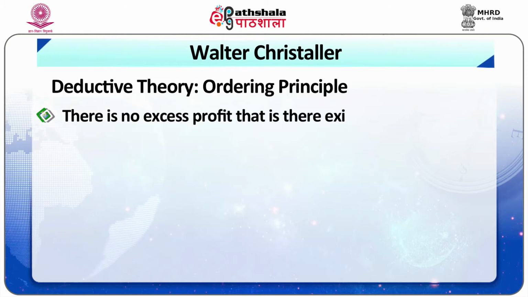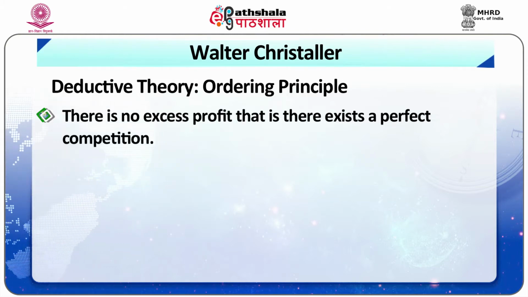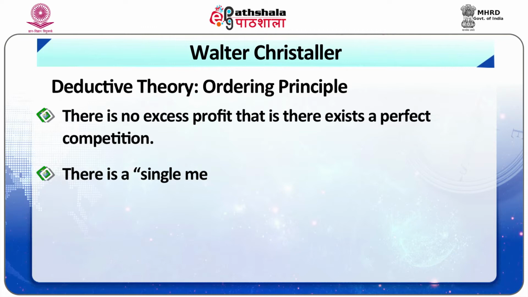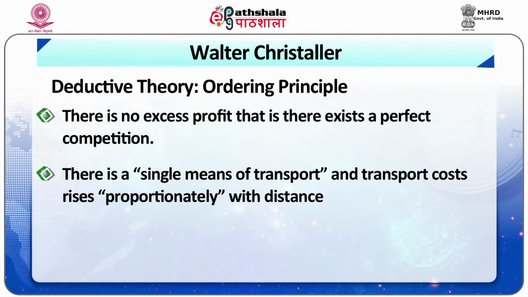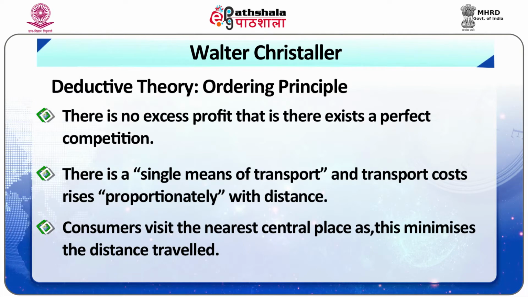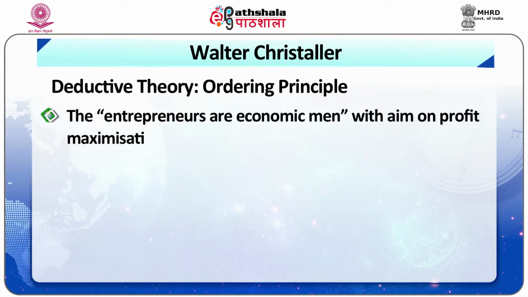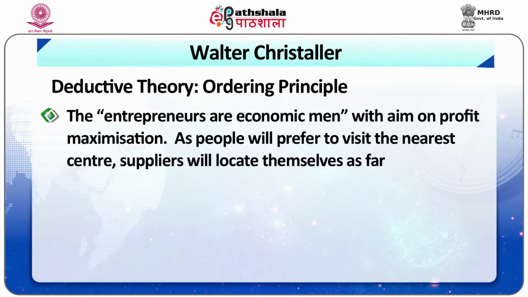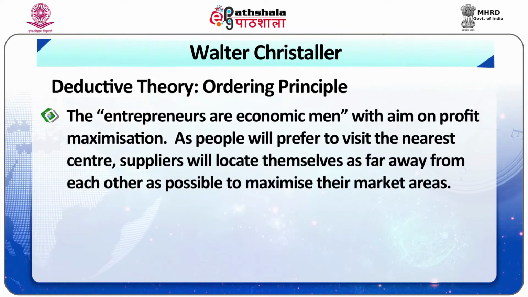There is no excess profit, that is, there exists perfect competition. There is a single means of transport and transport cost rises proportionately with distance. Consumers visit the nearest central place as this minimizes the distance traveled. The entrepreneurs are economic men with the aim of profit maximization.